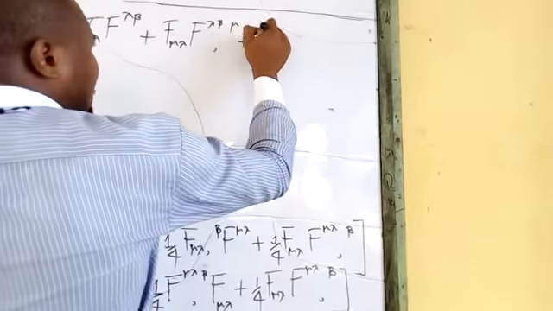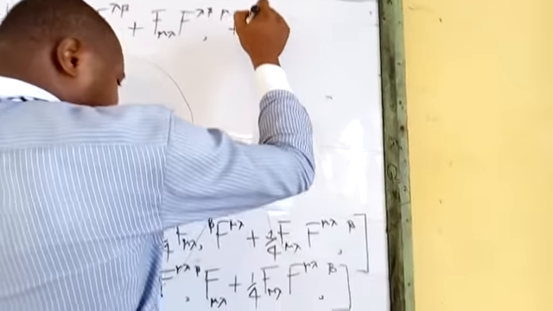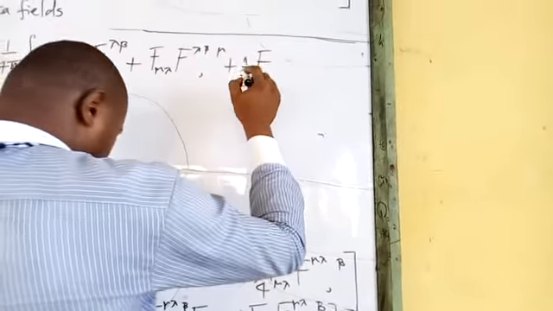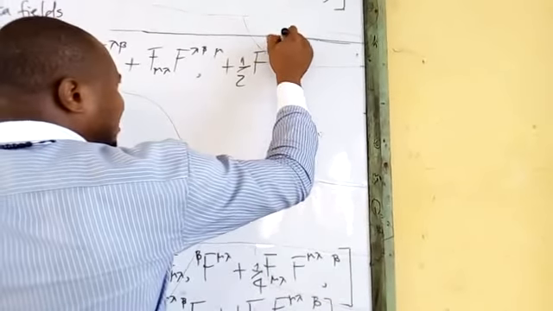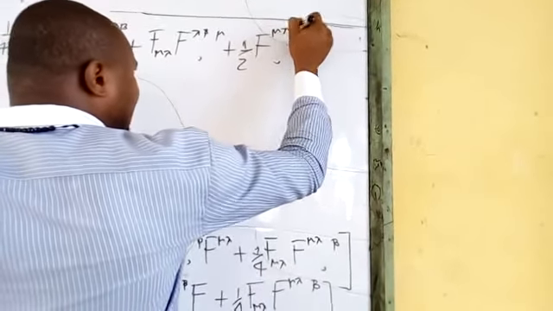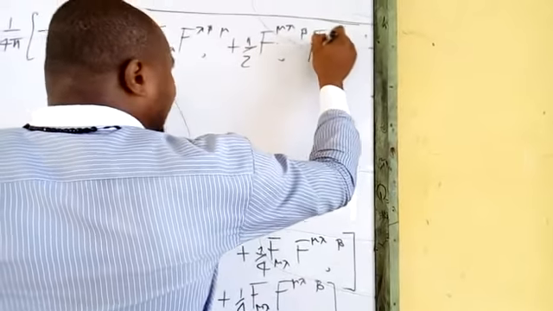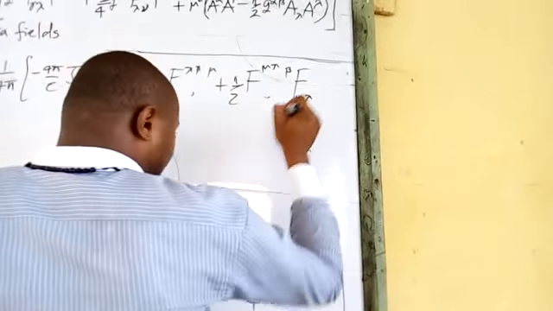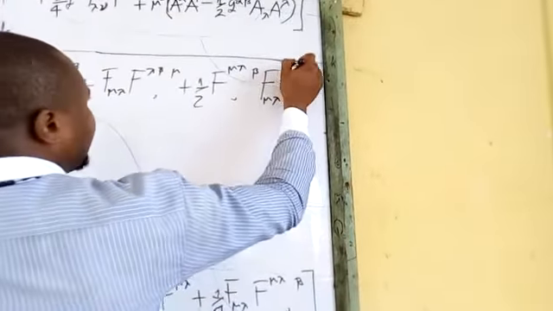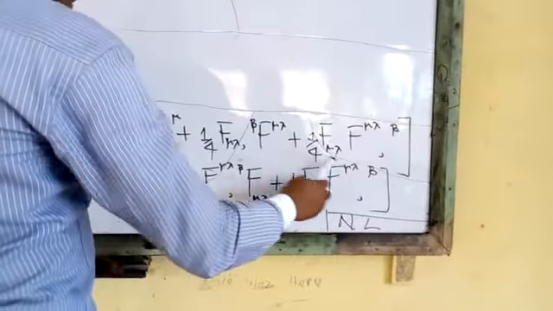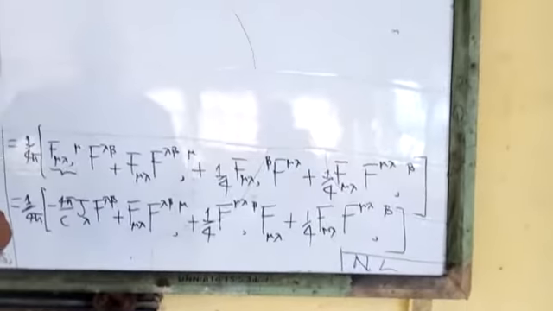Then I'm going to have here plus 1 all over 2. I have here with me F mu lambda comma beta, and then I have here with me F mu lambda. And this is what I have. So I simply have twice of that. So that's the reason for the 1 over 2 there.